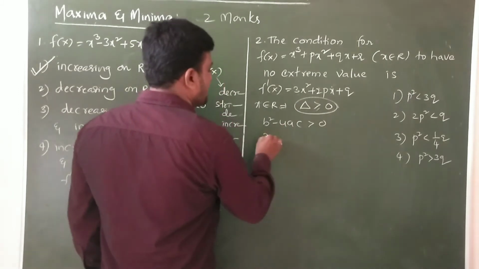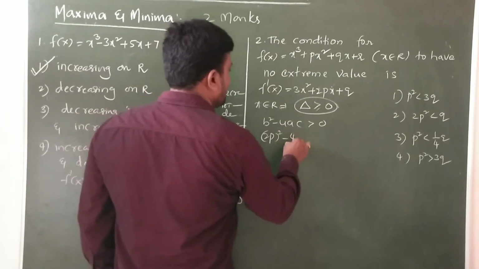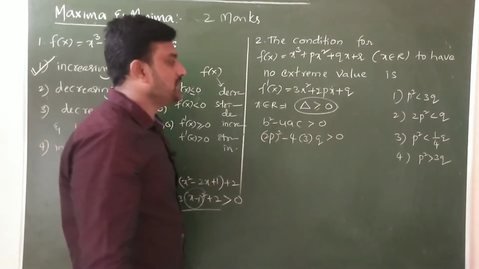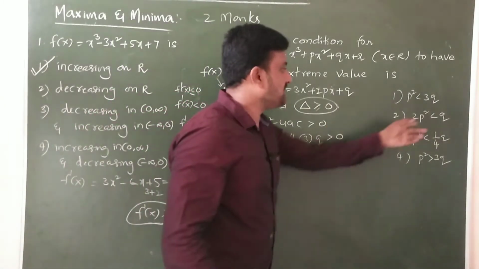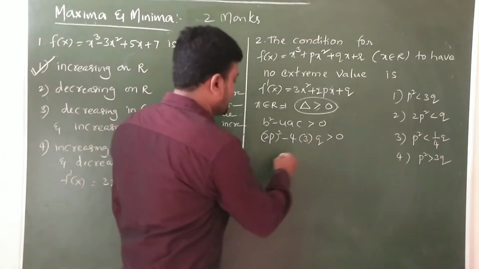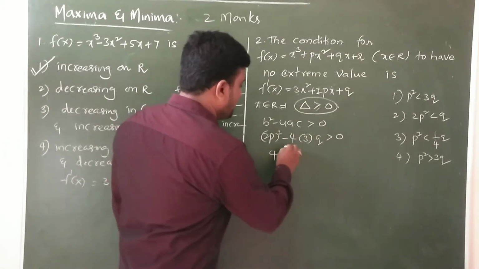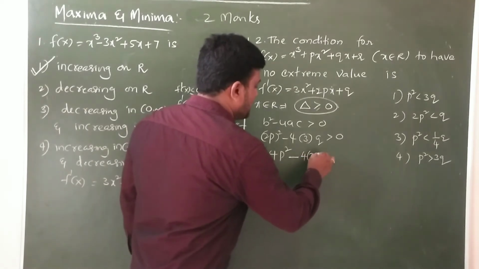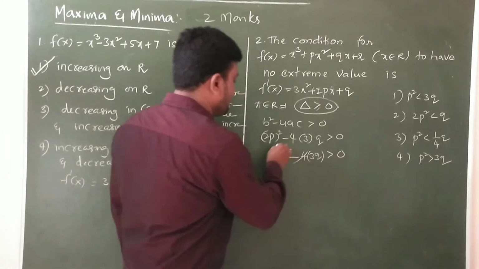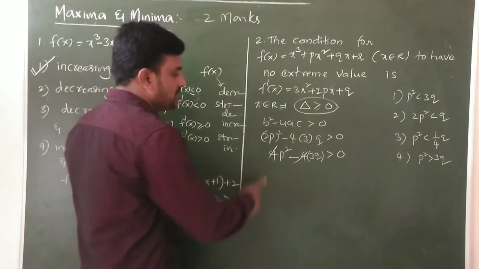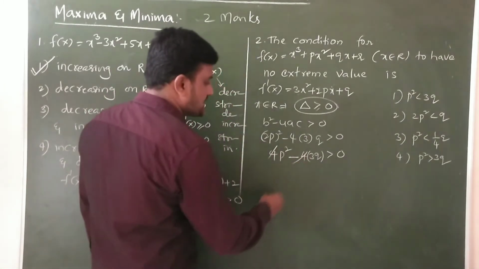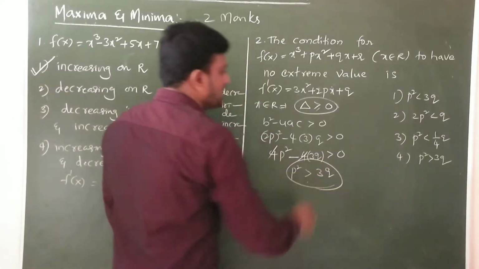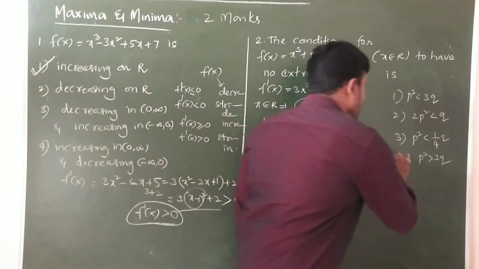So b is nothing but 2p whole square minus 4 into 3 into q less than 0. Because equal is not there, you can take only less than. 4p square minus 4 into 3q less than 0. Dividing 4 with 4 cancels, p square less than 3q. Now the right option is the 4th one.